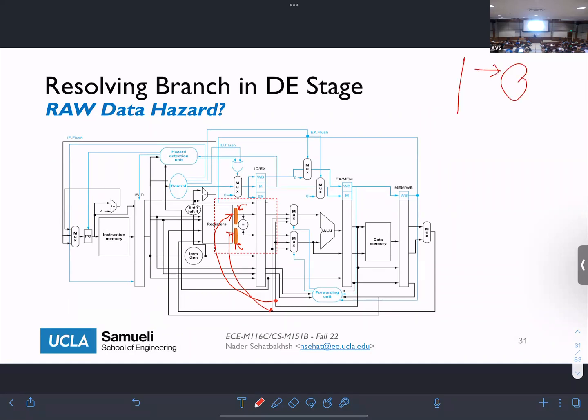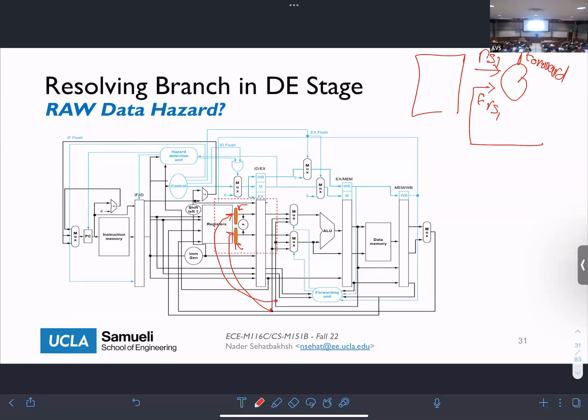This one is coming from the register file, and this one is coming from the later stages, right? So this is our original RS1, and this is the forwarded RS1. And here we need to issue another control signal from the forwarding unit to basically do the forwarding for us. So what we're doing here again is fixing the RAW data hazard, this time at the decode stage compared to what we did before in the execution stage.